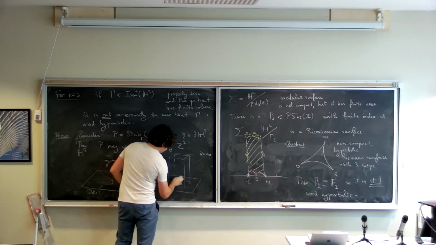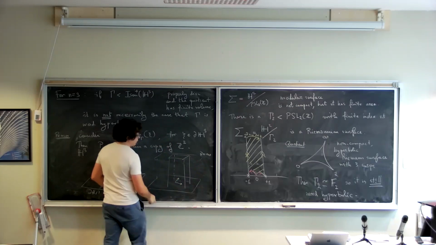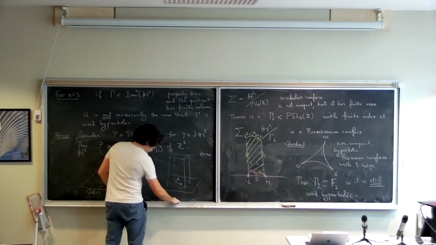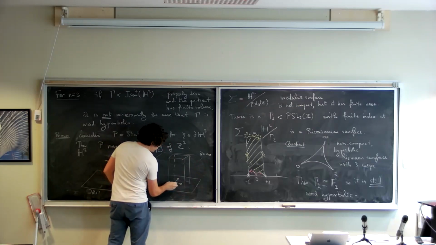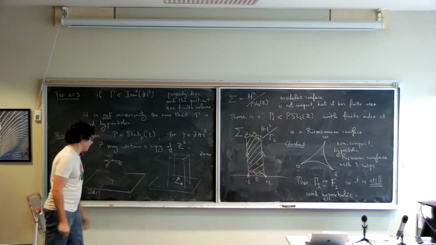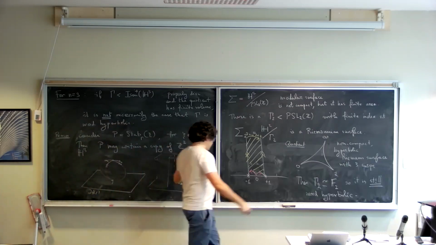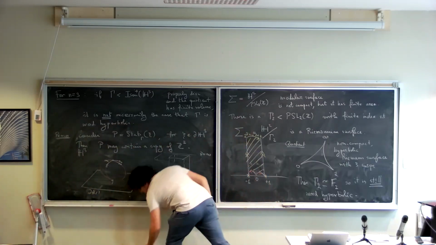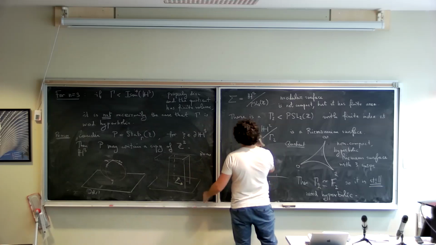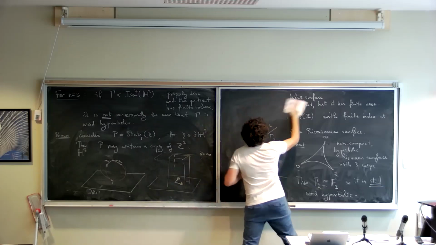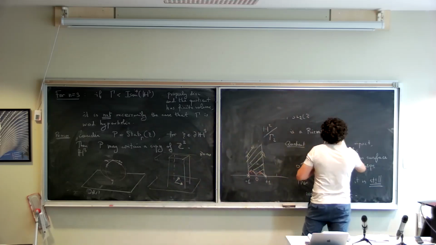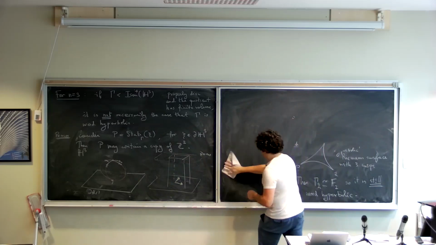So basically you can easily construct a group where you put two different translations, and those would fix the point at infinity, and then you can put some other stuff in there, and the cusp will have rank 2.